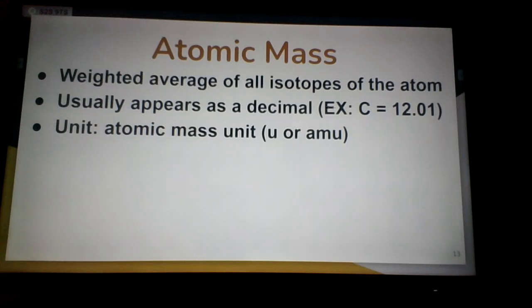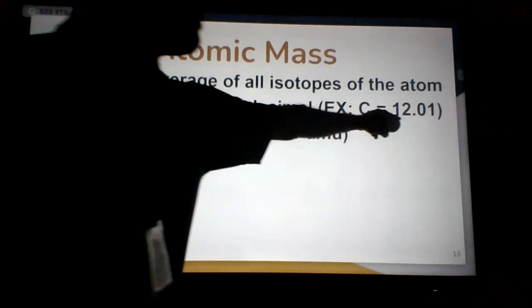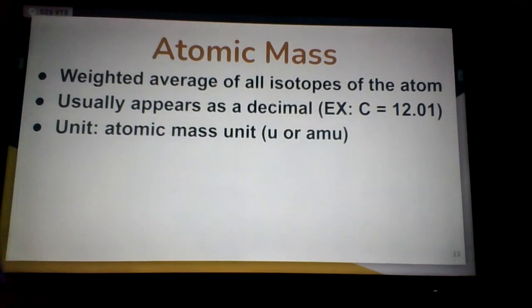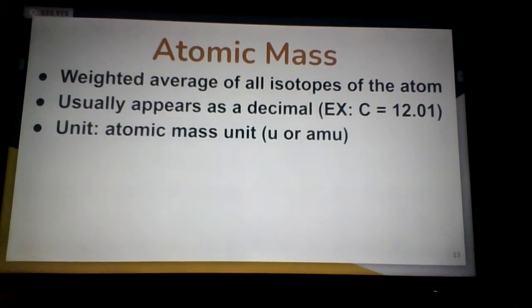Now I look at that 12.01 right here. This tells me something. Since most carbon atoms have 12 total masses, protons plus neutrons, that average is above. That means there have to be some atoms with extra neutrons. There may be some missing neutrons, but there are going to be more that have extra neutrons than there are too few neutrons. That's going to skew the average up a little bit.